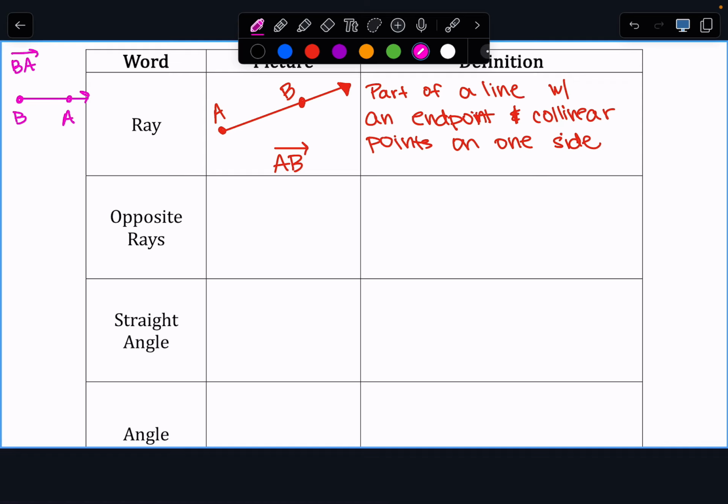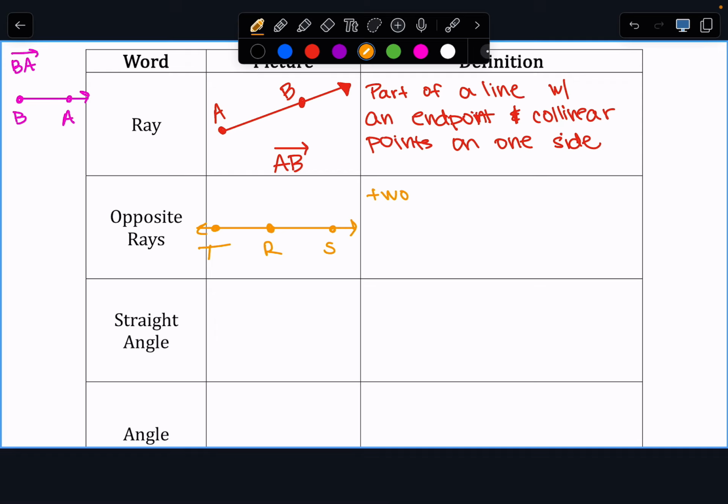Okay. Opposite rays. How many rays do you think we're talking about? Opposite rays are going to form a line. If I draw ray RS, opposite would be this way, wouldn't it? I'm going to say RT.